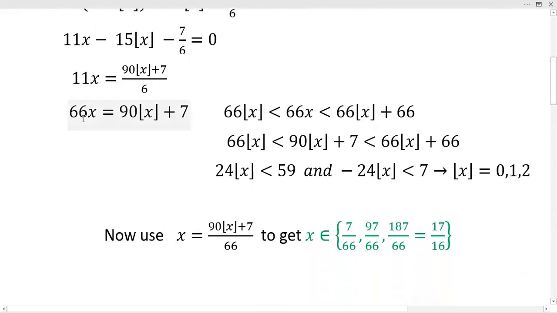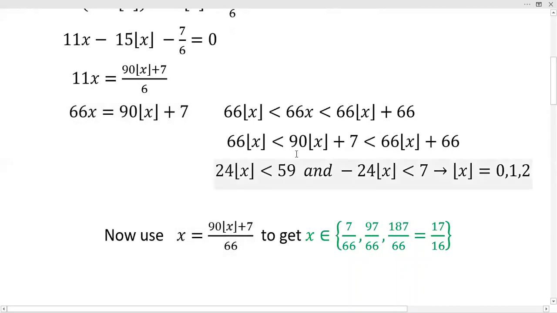But if you take a look right here, from here to here involves one step, namely dividing through by 66. And so right here we have x as a function of the floor, which will come in super handy.